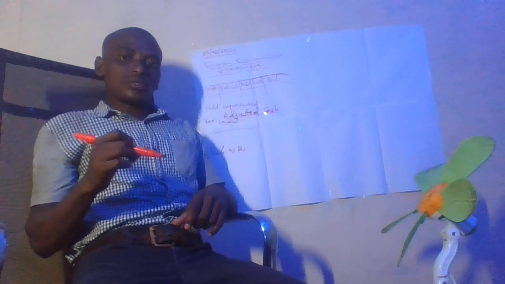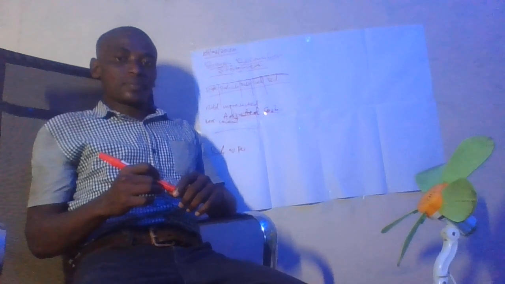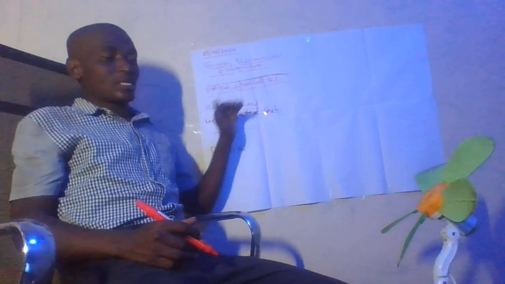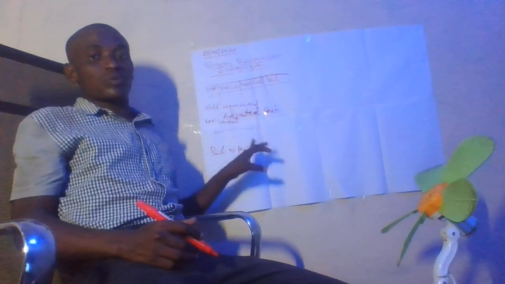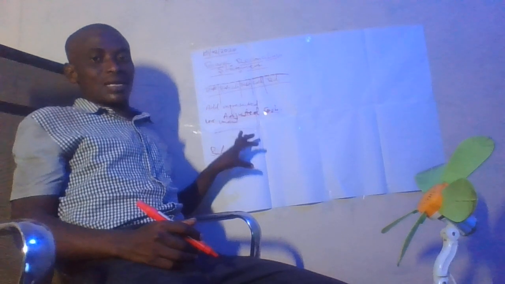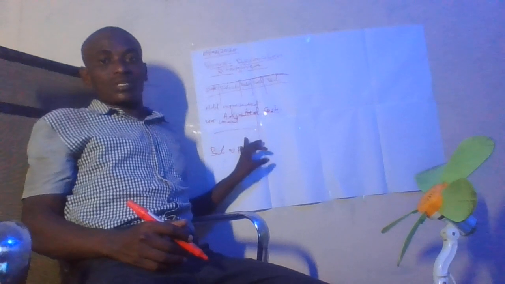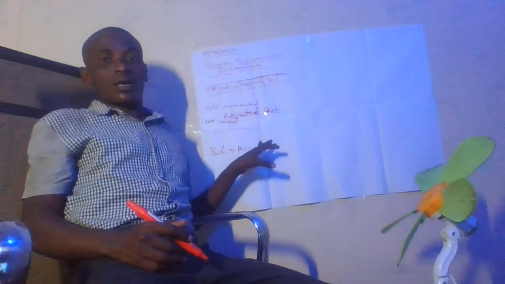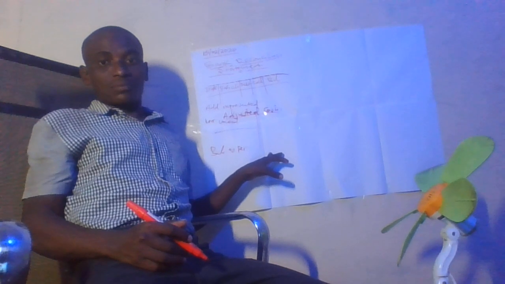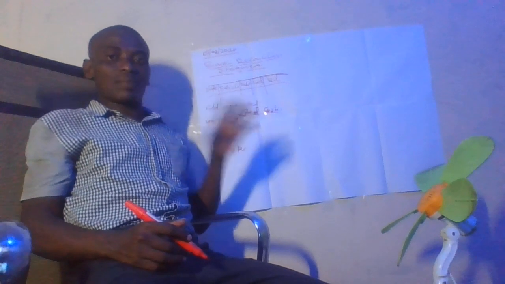Hear me. You're supposed to get this clear. I've said that it's good that first you adjust your cash book before you go to the bank reconciliation statement. Under the adjusted cash book, you record things that the bank recorded, but you never recorded.